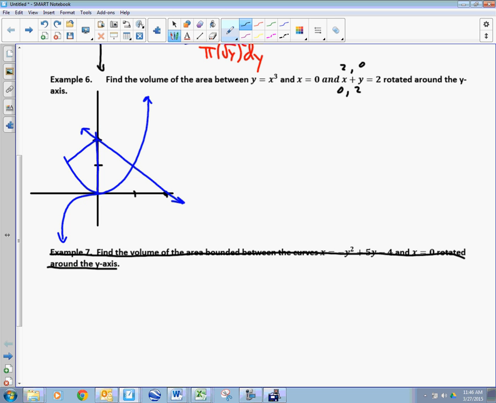Do you see the issue as I slice it? So I slice it here. Thank you. What Katie points out is that as I slice this, what serves as the outside or the radius of my disc is the line.